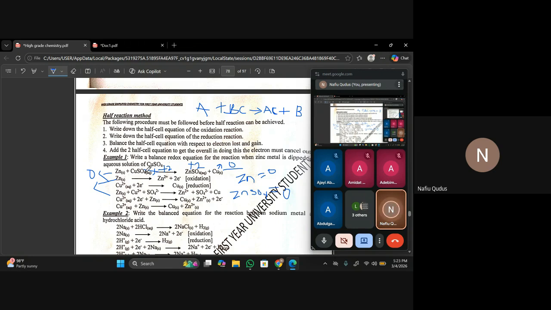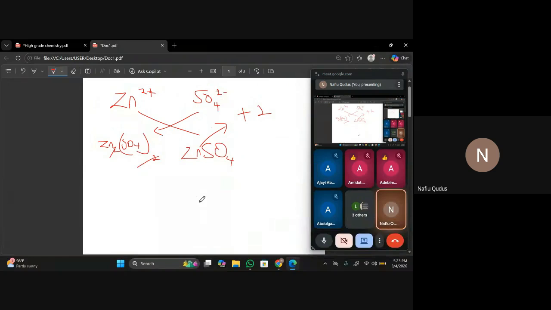So the power series of zinc is more than that of copper. That's why zinc can displace SO4 from copper. Have I explained myself, Habiba? Yes, sir. Thank you very much, sir. You are highly welcome. So in this case, let's continue.